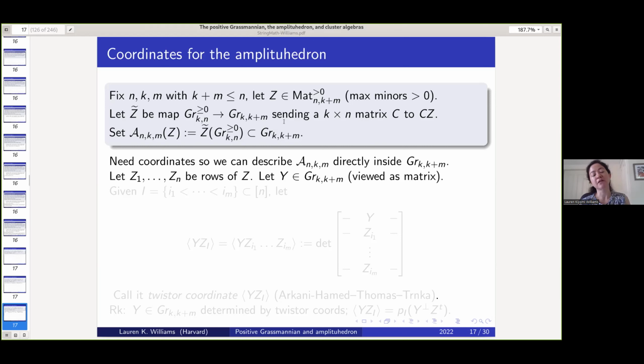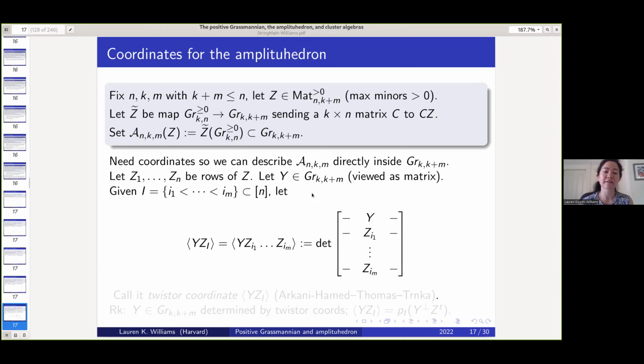Okay, so let Z1 through Zn be rows of the matrix Z. And then we'll look at Y, which is in the Grassmannian of k-planes in k plus m space, viewed as a matrix. Now if I is an m-element subset of 1 through n, then I will define bracket YZI to be the determinant of the following matrix.